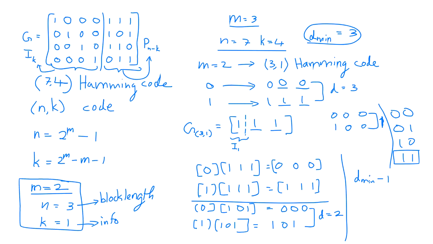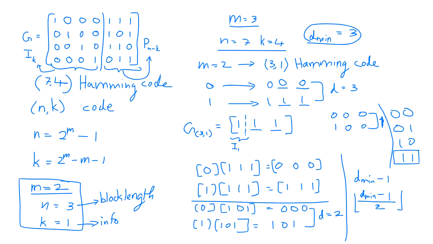Similarly, the number of errors that can be corrected is d min minus 1 by 2, and we take the floor value of it, the lower integer. If it's a fractional number, we take the lower integer.